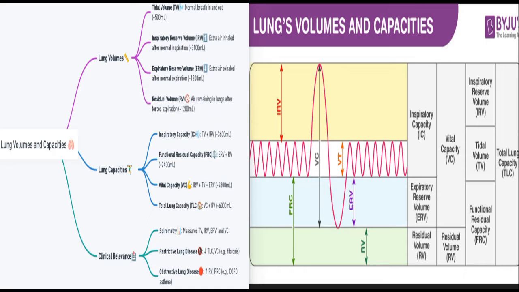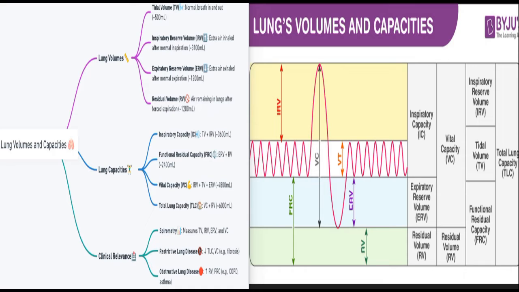Inspiratory reserve volume is the extra maximum volume of gas that can be inhaled at the end of normal spontaneous inspiration, and it's the reserve available for an increase in tidal volume. In mid position, the expiratory level does not change.